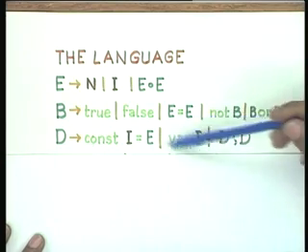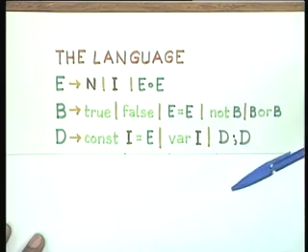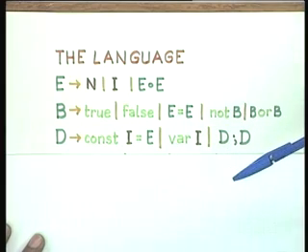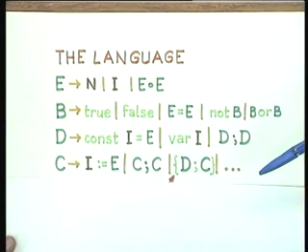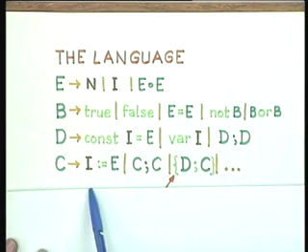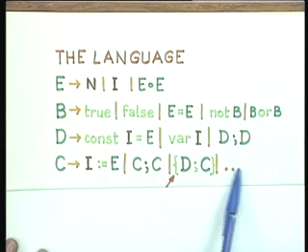So it is enough to just have a declaration like this, and of course we could sequentially compose declarations.